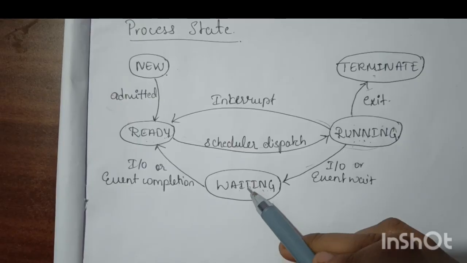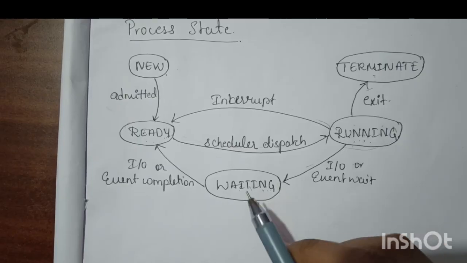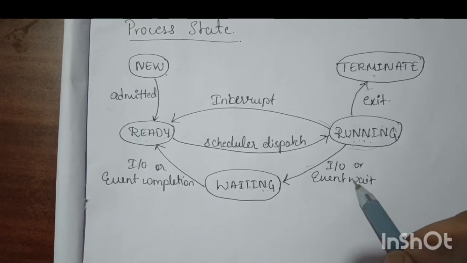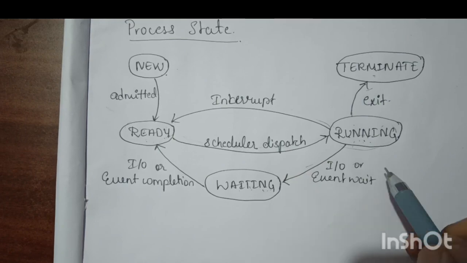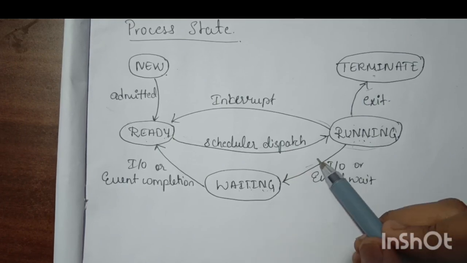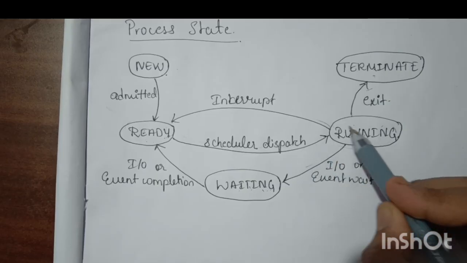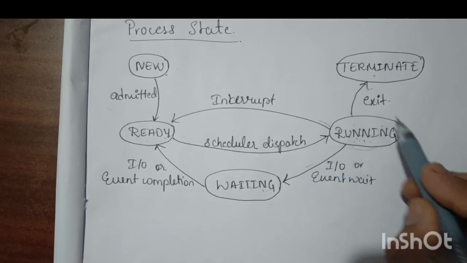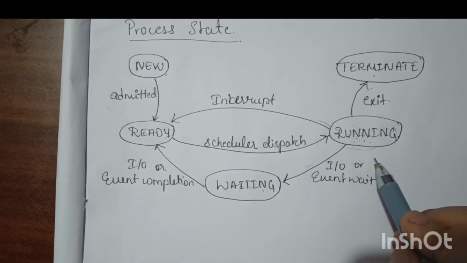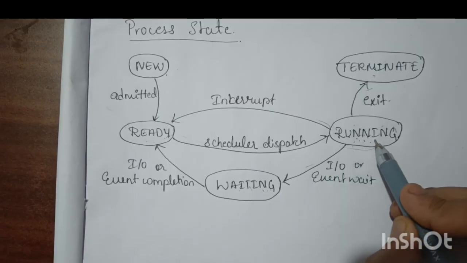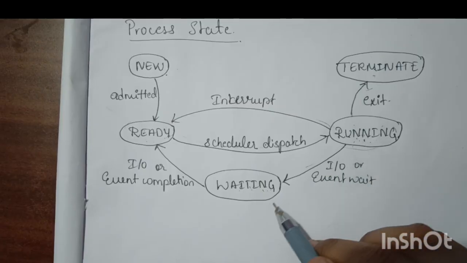Now how I can define the waiting state is the processes that are waiting for some event to occur, or if they need any input output services to execute. Maybe some process is running, and while it was running it was in need of some input.